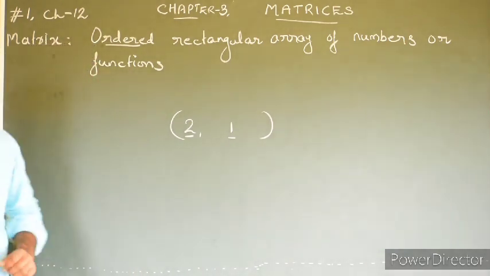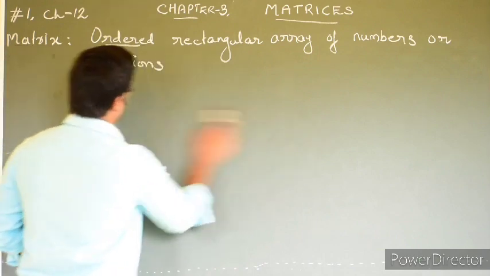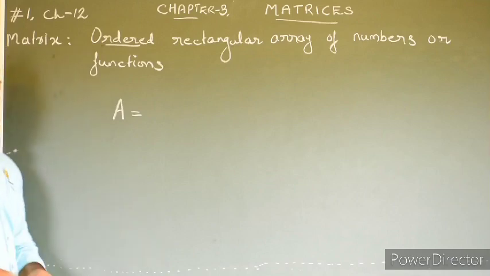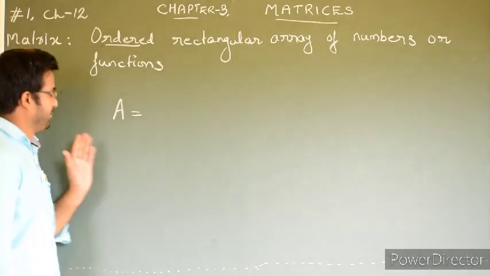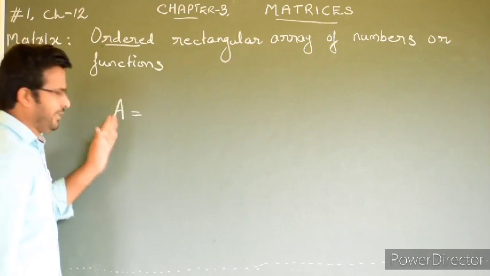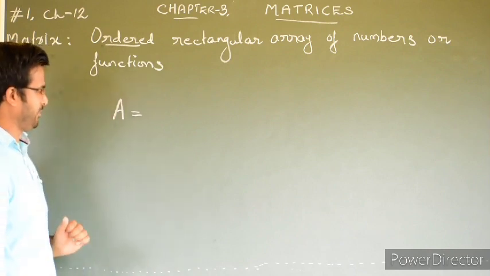Then a matrix is represented by a capital letter: A, B, C, any English alphabet.